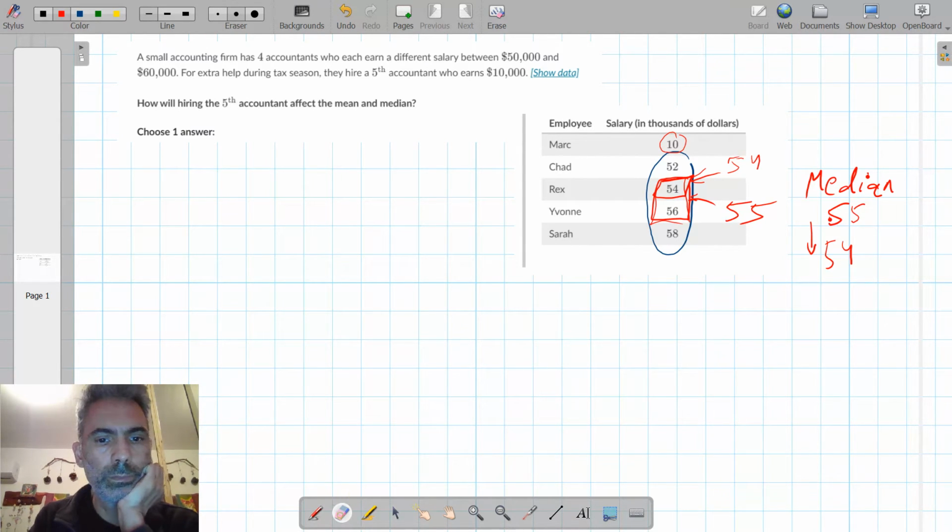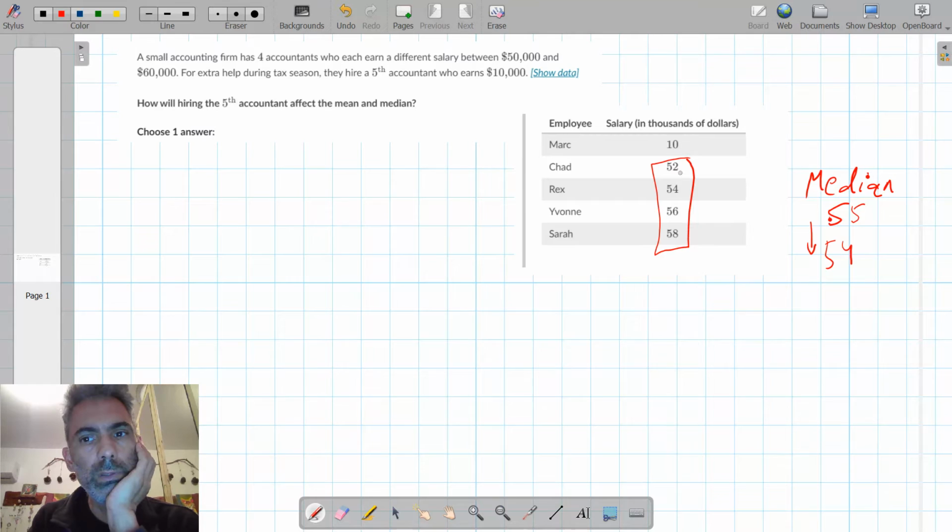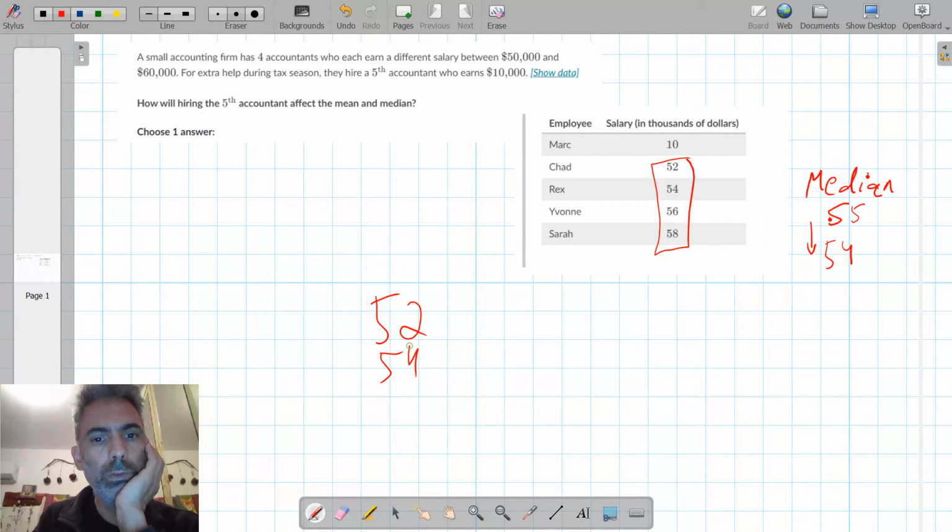As for the mean, the mean will be affected much more significantly, because when we have these 4 data points, the mean is somewhere between, let's see, 52 plus 54 plus 56 plus 58.